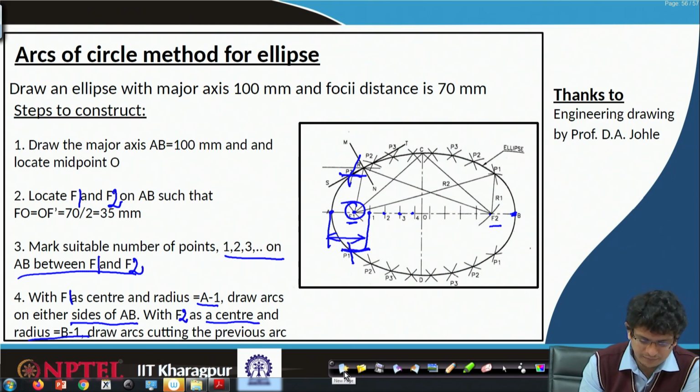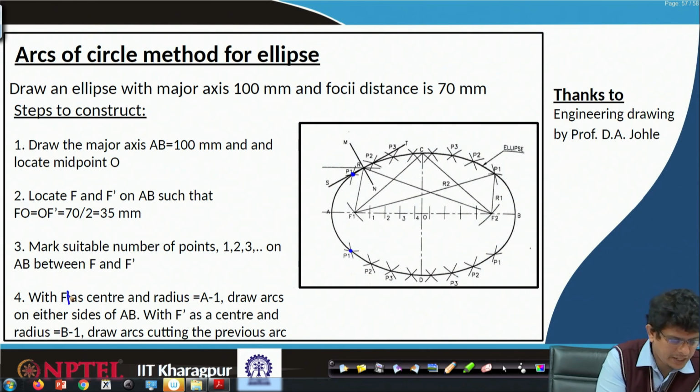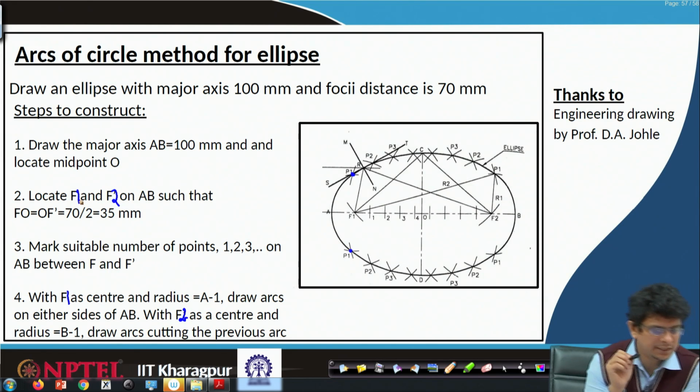Once we are done, we will have this point P1 and P1 prime. These are F1 and this is F2, and this is also F2 and this is F1.